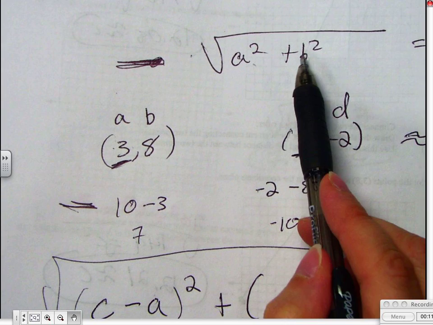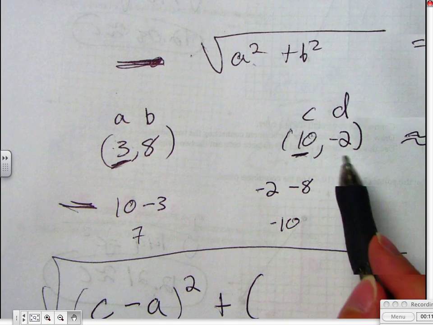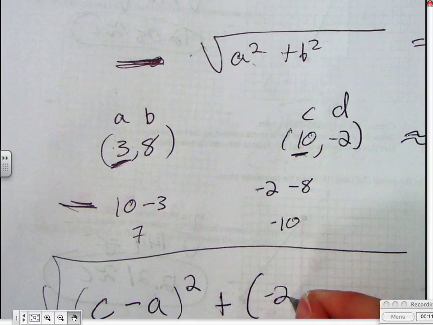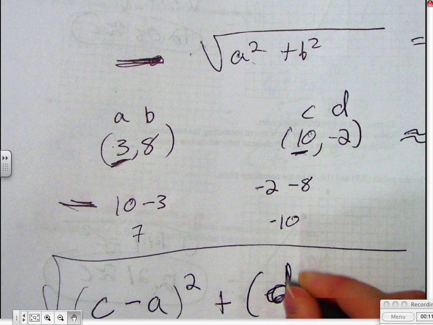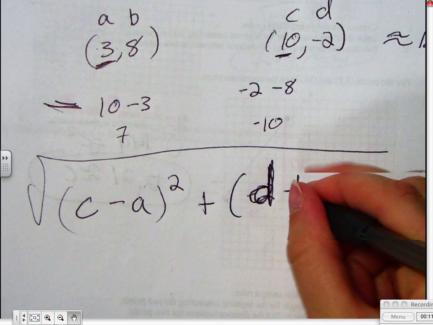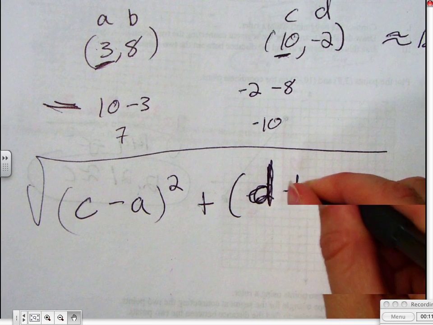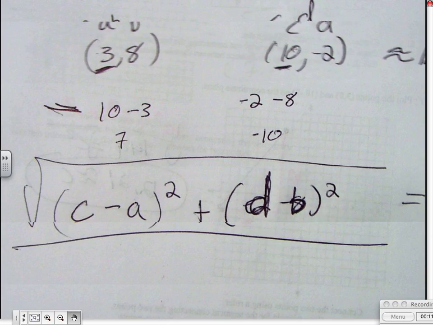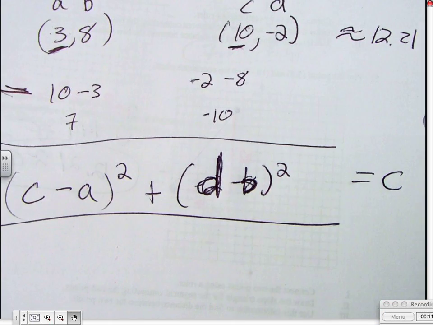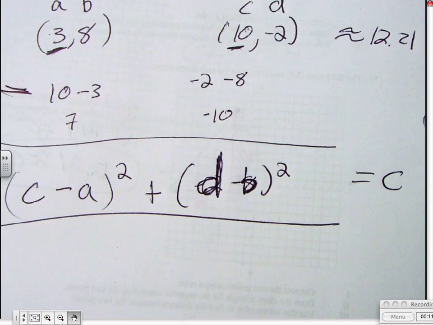And then to get that B squared, I'm going to have to do D minus B. D minus B squared. That gives me C. Right there, that's the distance formula. Do you guys see the Pythagorean theorem in it? Yes.